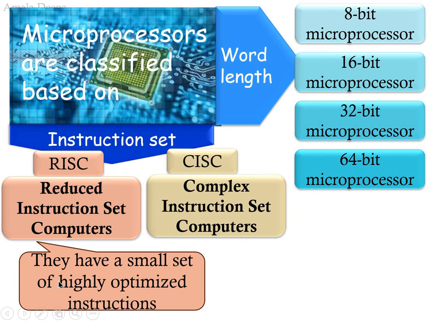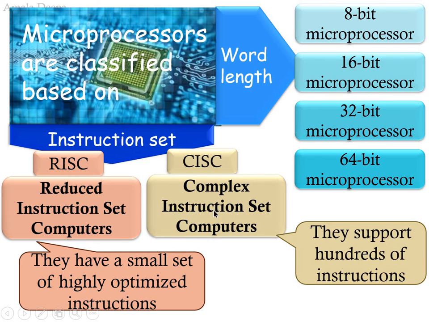Reduced instruction set computers have a small set of highly optimized instructions. Complex instruction set computers support hundreds of instructions.